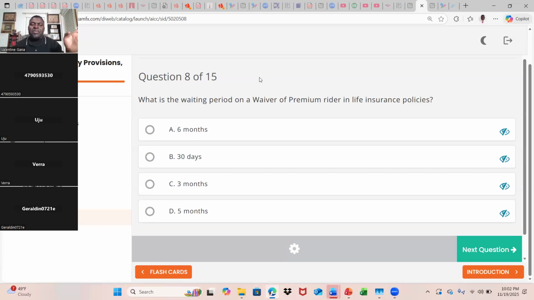So you still have to pay the premium for 6 months, but after those 6 months, if you are still disabled, the company is going to take over the premium payments.